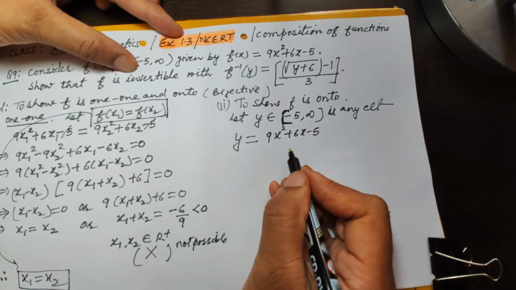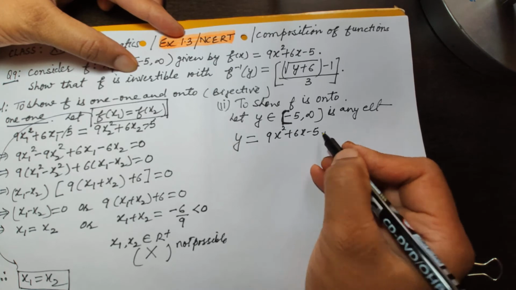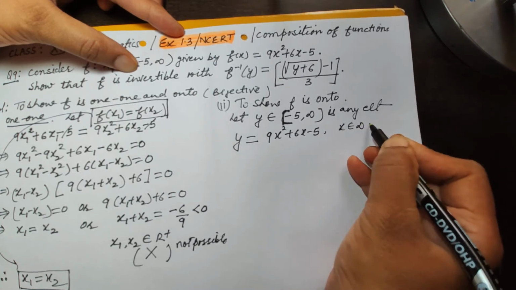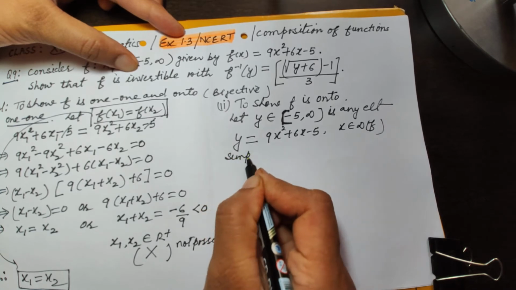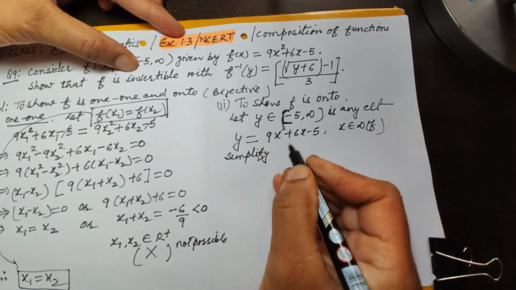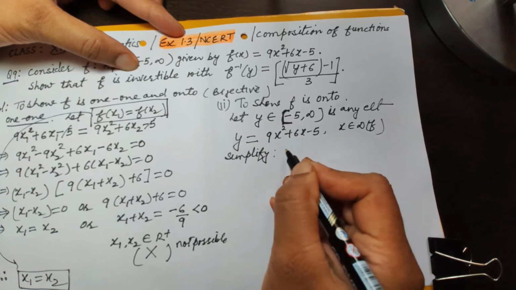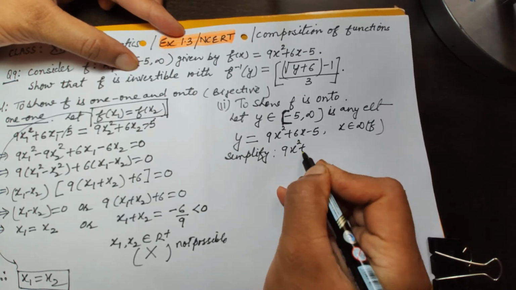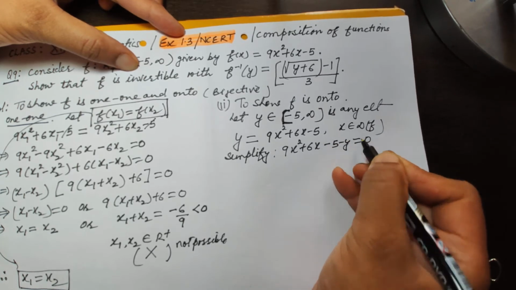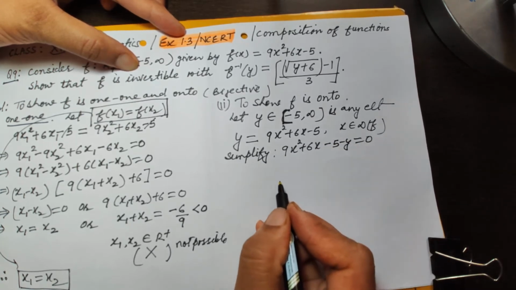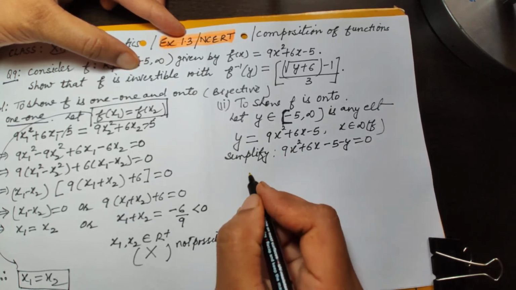I am seeking out the possibility for which y is the image of some point of the domain of the function. Simplify that for what values of x this is possible. So simplifying, I will have 9x square plus 6x minus 5 minus y equals 0. This is a quadratic in x. So get the value of x.